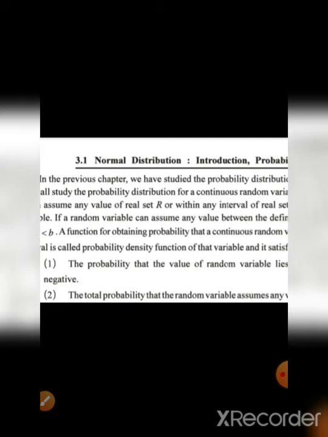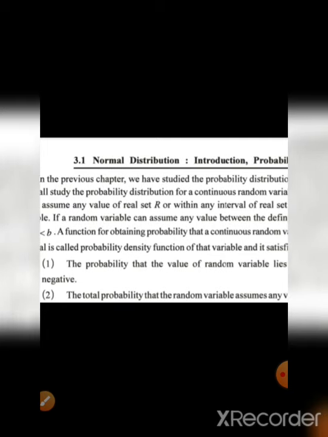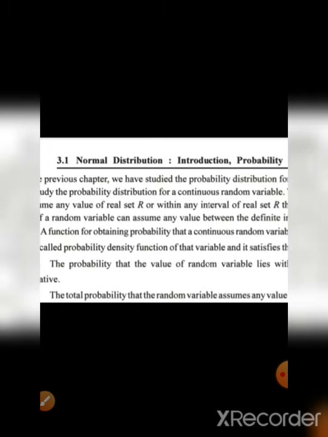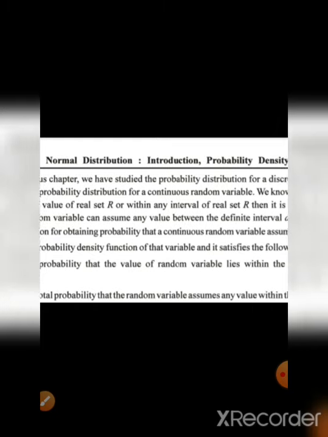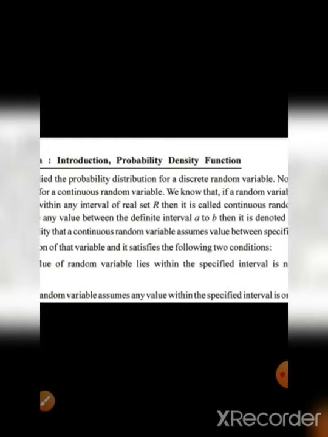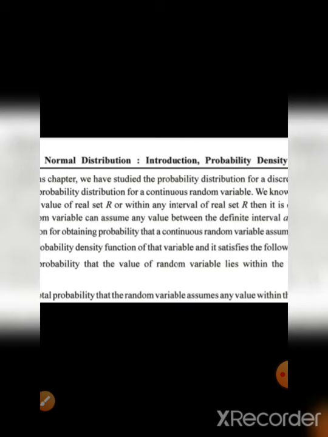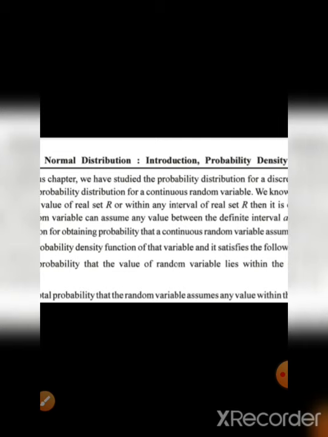Whatever probability you are getting, it should be a non-negative one. Secondly, whatever probability you are getting within the given range, the total probability will always be equal to 1. While we talk about the total probability of the random variable, it will always assume the value 1.